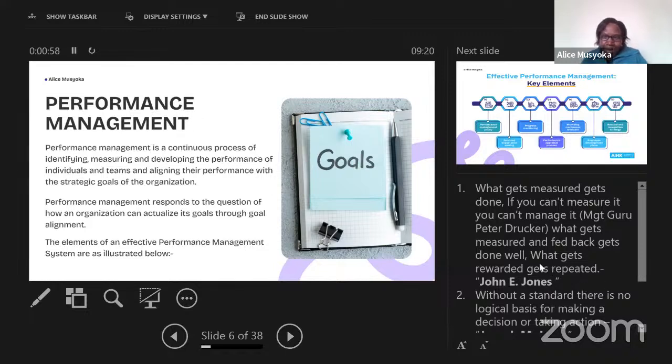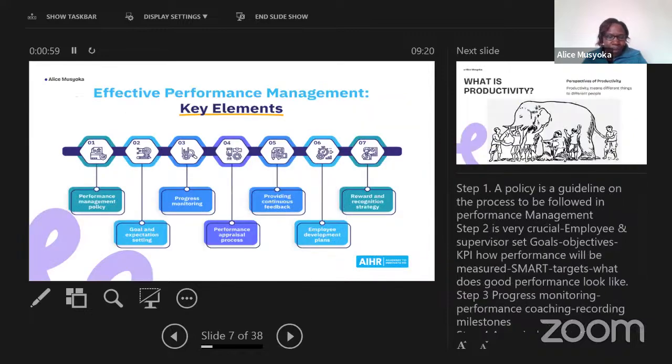And that is very key when it comes to performance management. So here we were looking at feedback. If we ask employees to perform, and we are not giving them any feedback as to how their performance is, you realize that there's going to be a problem there, and they will not feel encouraged to perform even better.